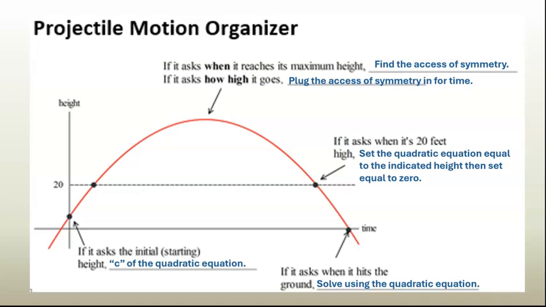Most quadratic formula word problems at the high school level involve projectile motion. The reason for that is it's relatively simple to track the motion of an object over time, specifically the height. So we're going to be creating models of an object in reference to height and time.